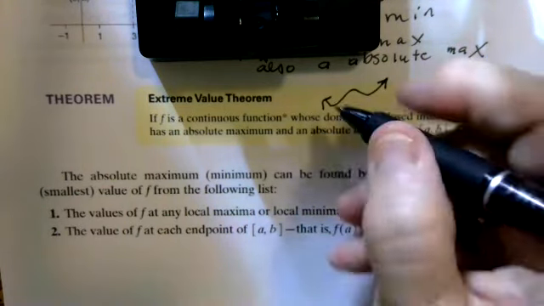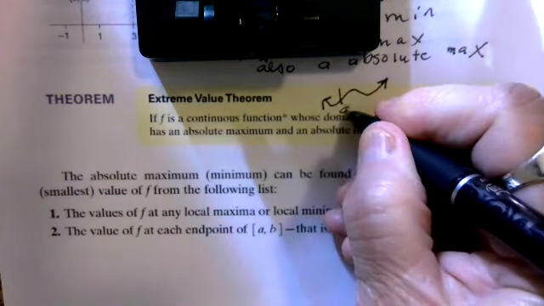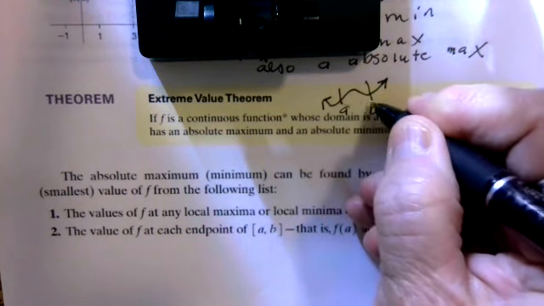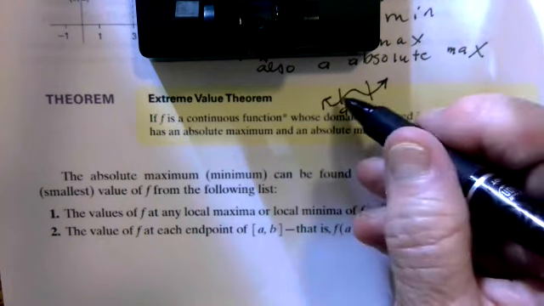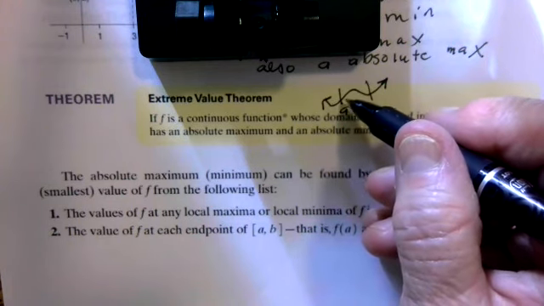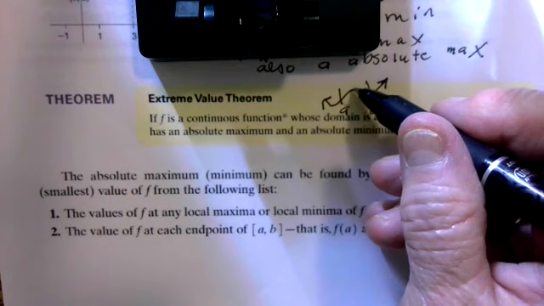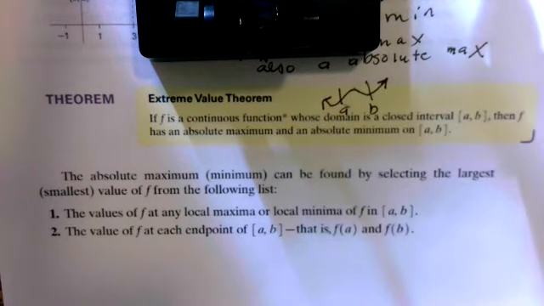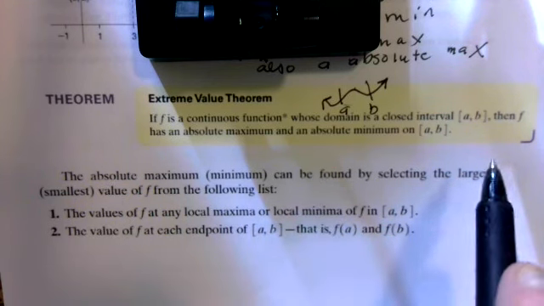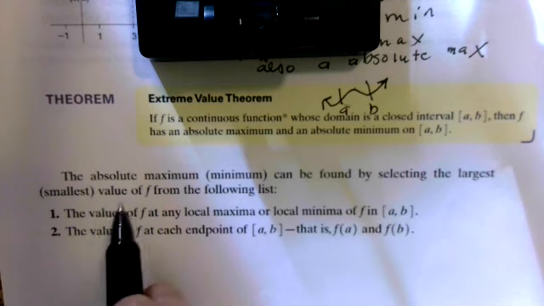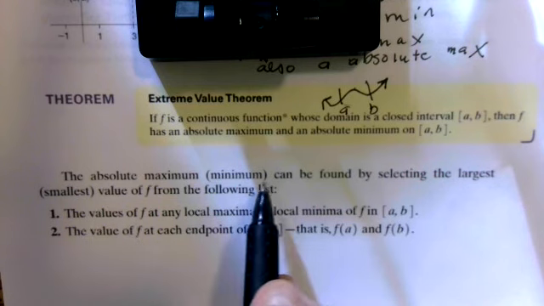So it's just saying, if there's a closed interval from A to B, there's going to be an absolute max and an absolute min on that interval. That would be the absolute min, and that would be the absolute max, whatever those values are. Okay, and then it says the absolute maximum or minimum can be found by selecting the largest or smallest value of f from the following list.